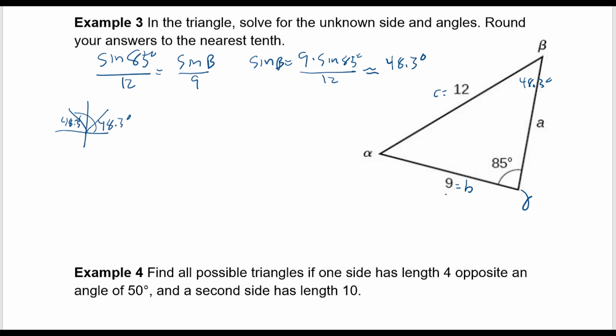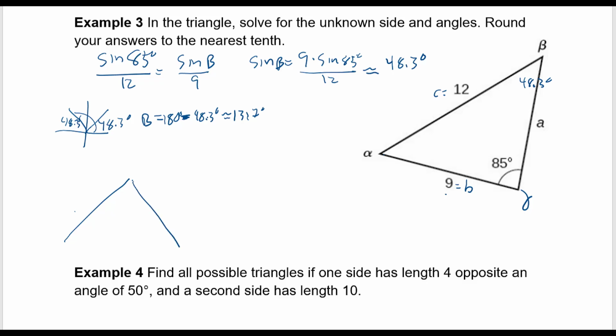So we would look for the other possibility for B to be 180 degrees minus 48.3 degrees. It's approximately 131.7 degrees.